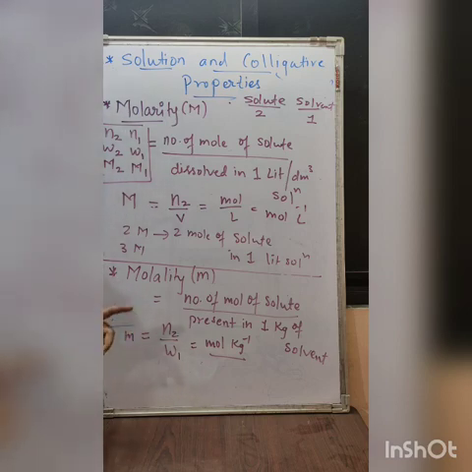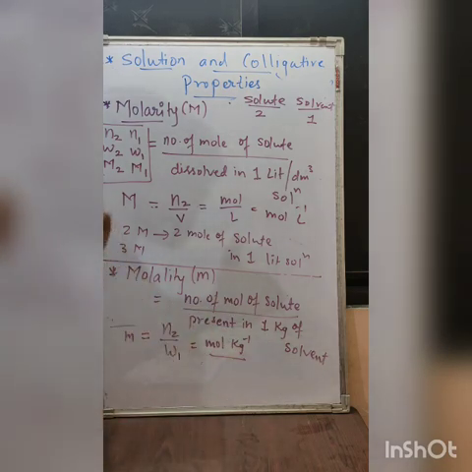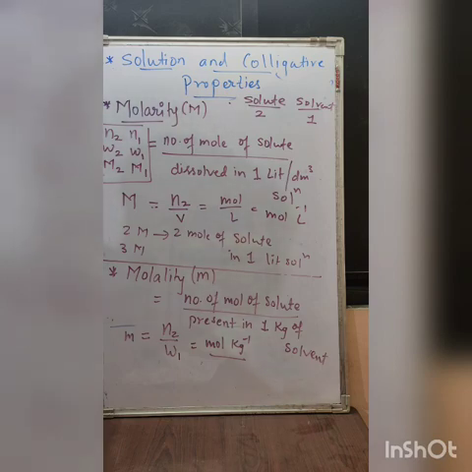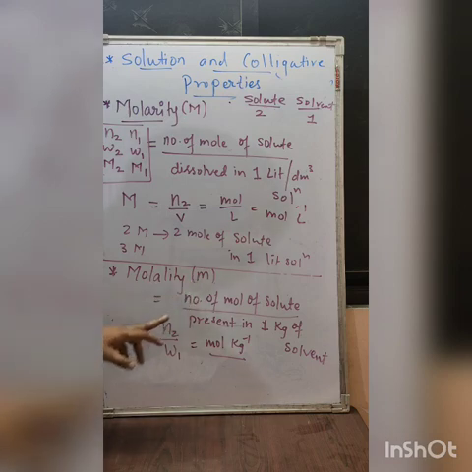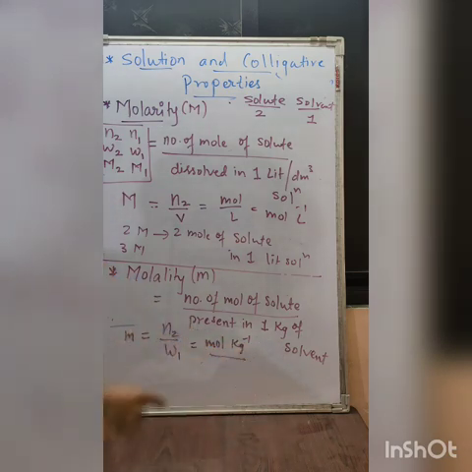So next one is molality. Molality is denoted by the small m. Molality is defined as the number of moles of solute present in 1 kilogram of solvent. Molality is equal to the number of moles of solute, that is N2, present in 1 kilogram of solvent. Kilogram is mass, of which?